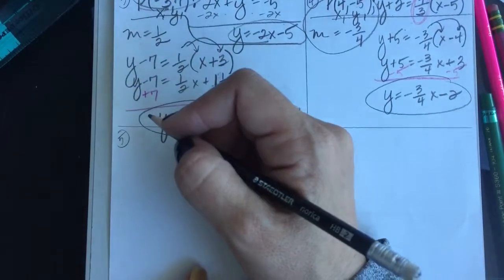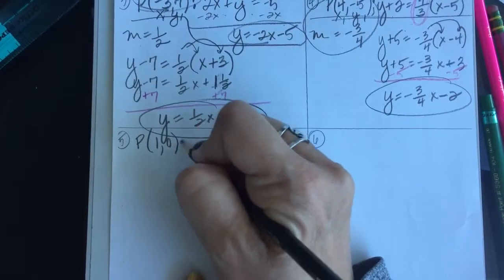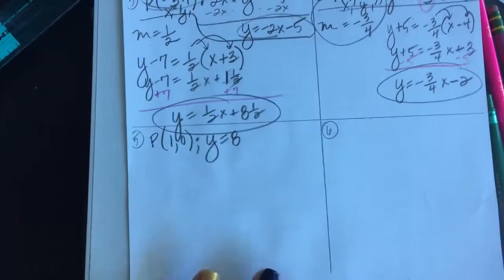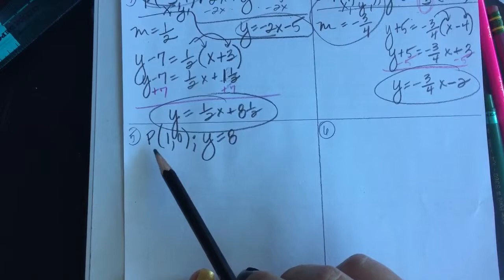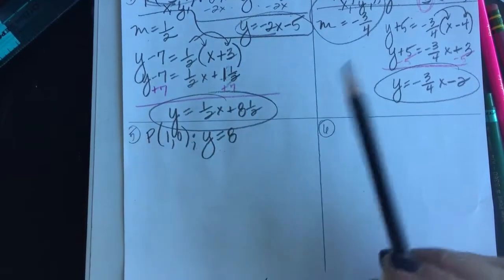Number 5, I'll go back and answer any questions you might have when I'm done with the video. There were some notes in the margin of your paper that I had written down. For number 5, we have the point (1, 0), and it's perpendicular to the line y = 8.